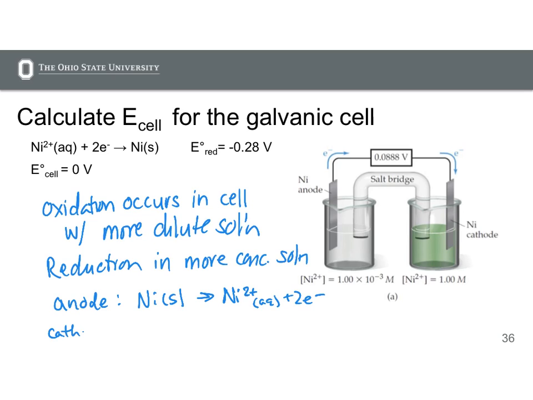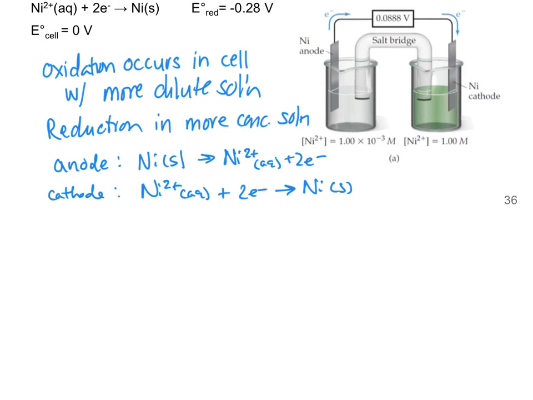And at the cathode, we'll have nickel 2 plus and 2 electrons forming nickel solid. The 2 electrons cancel.